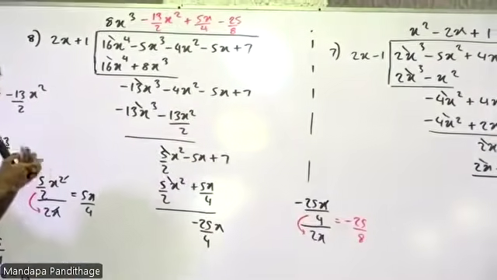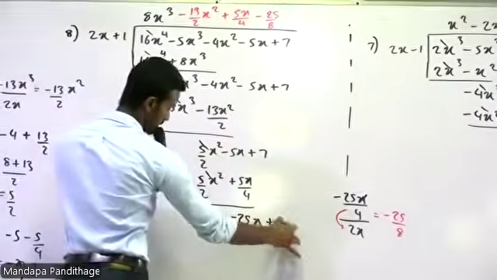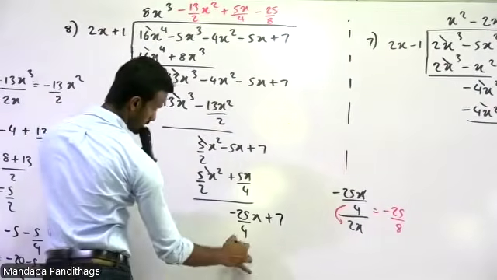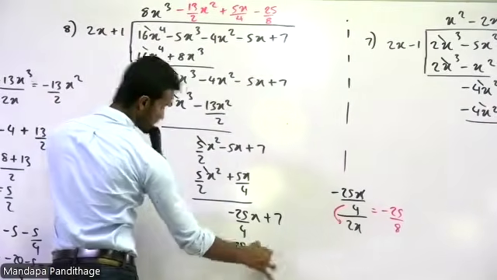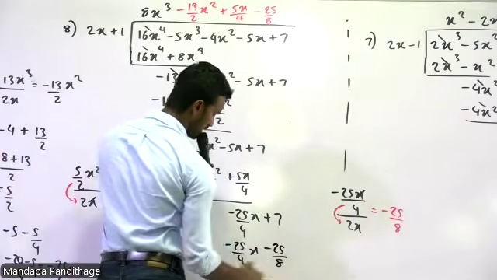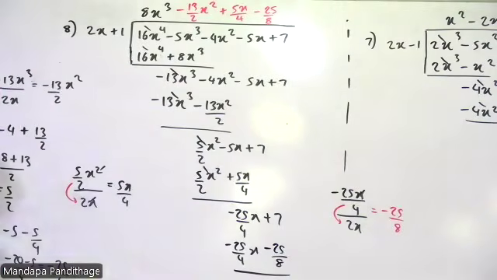Now multiply. So plus 7 comes down. When you divide this, you get this one. When you multiply, it's minus 25 over 4x. This into this is minus 25 over 8. Clear? Okay. So then what is the final subtraction?